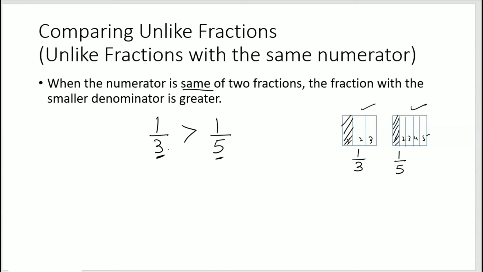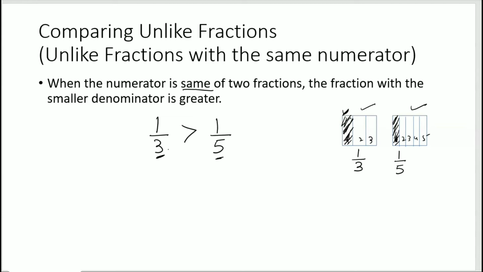Now, if you compare these two, you see that this area is greater and this is smaller, right? So, whenever we have the same numerator, the fraction with the smaller denominator would always give us the greater fraction.